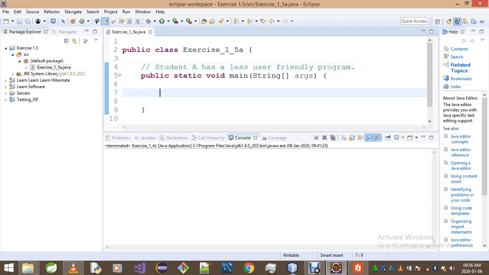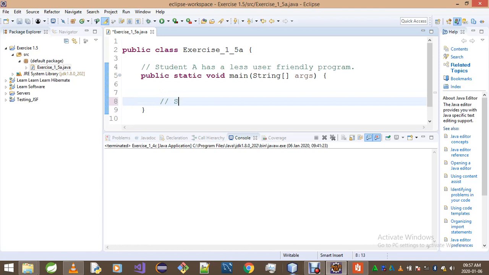I've noticed most beginner students care about the output and care less about the user interface of the program. So I'm gonna comment this part.